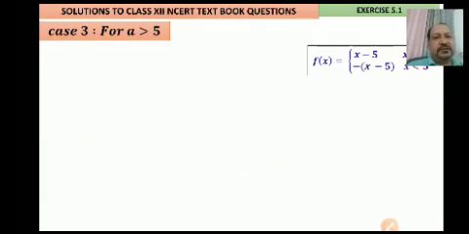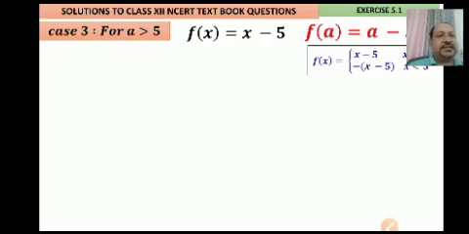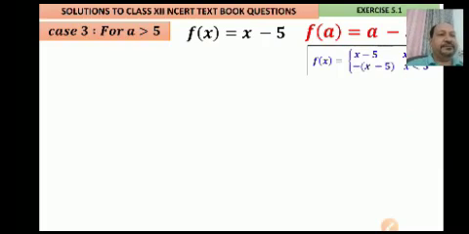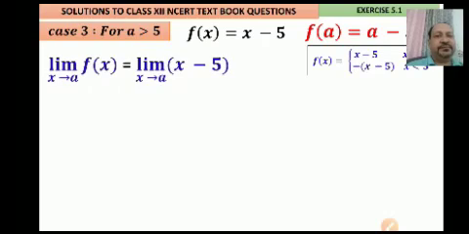Let us see the third case. For a greater than 5, f of x equal to x minus 5, f of a equal to a minus 5. Limit x goes to a of f of x equal to limit x goes to a of x minus 5, equal to a minus 5.